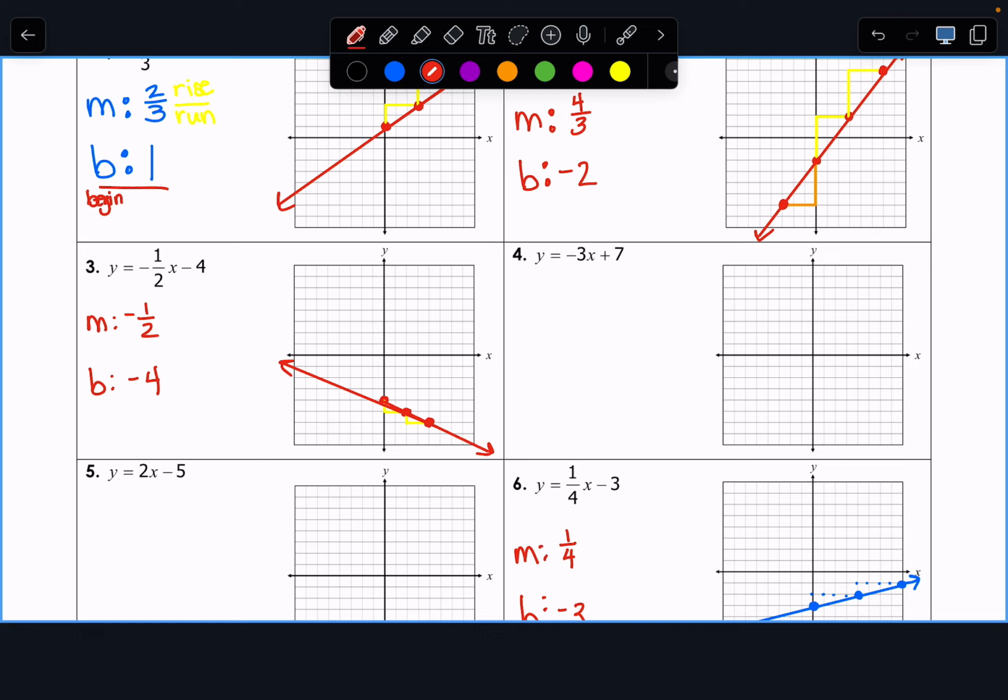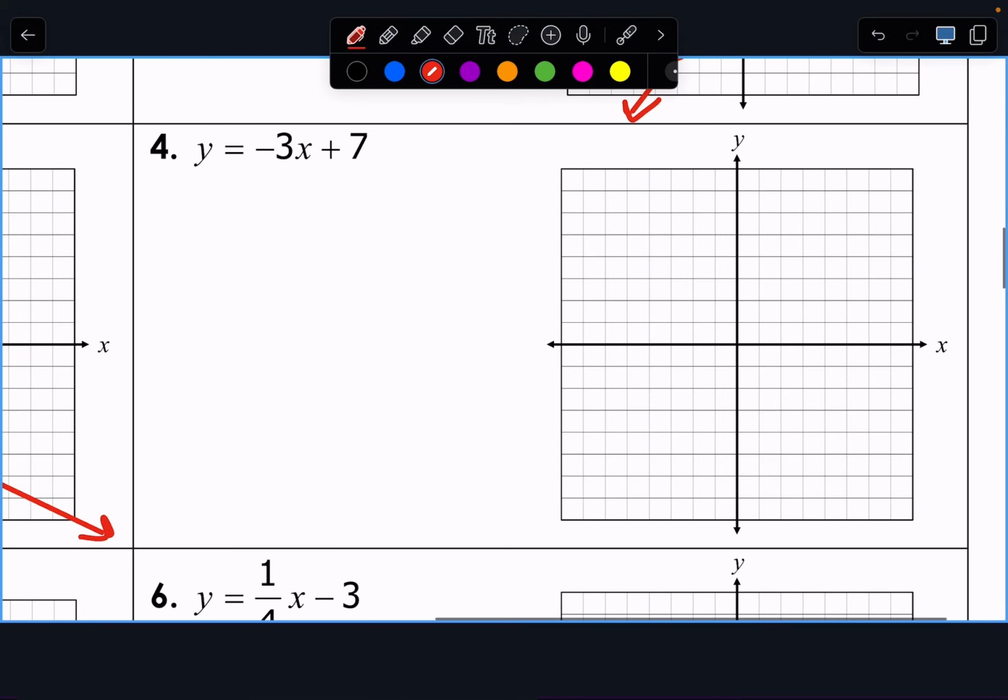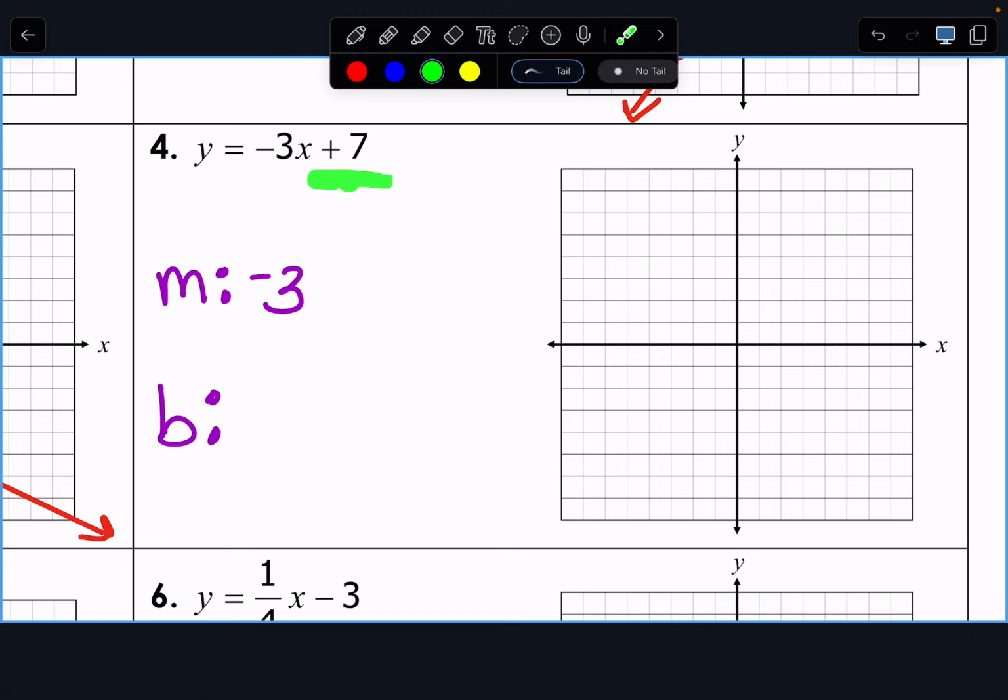Now, there are a couple situations that we need to talk about. One situation is this graph number 4. We know that our slope is negative 3, and our y-intercept is 7. So there's our y-intercept of 7. My slope is negative 3.